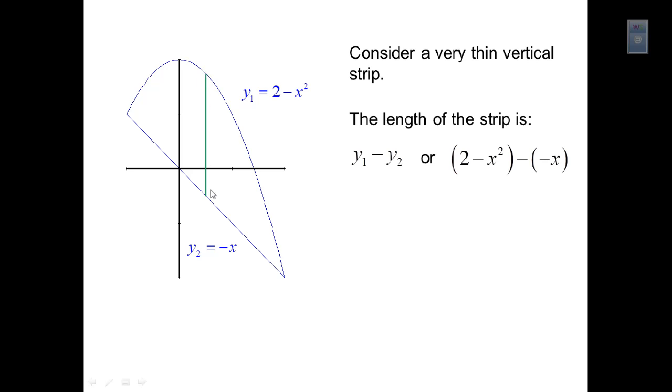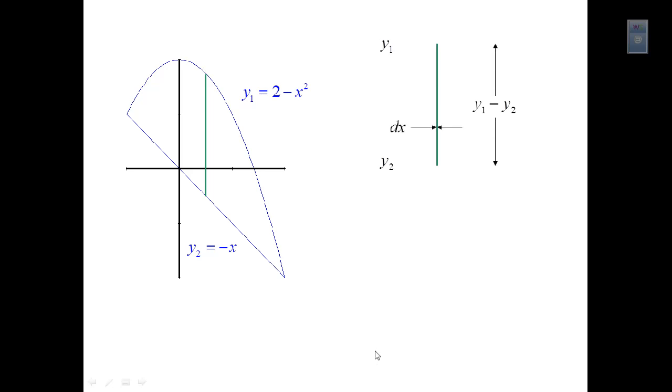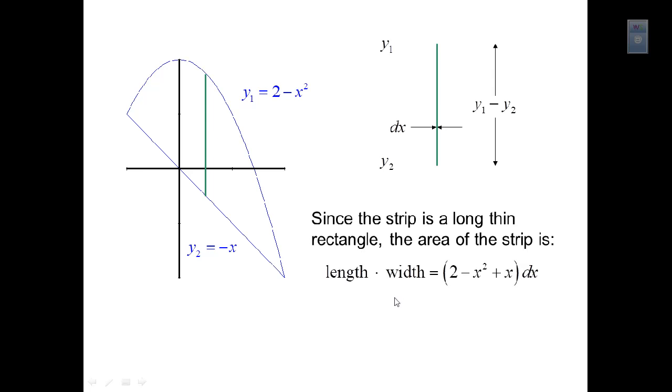So if that's the length of the strip, and we know the width is dx, we can find the area of this rectangle by the height times the width. And when we multiply those together, length times width gives us 2 minus x squared plus x, made this a plus, times dx, which is the width. And that's the area of this one little strip here.